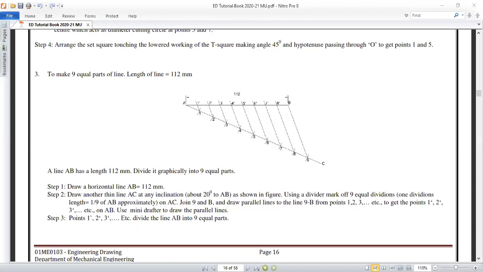This is 90 degree. This is a 90 mm. Use this and keep it over here at point number 0, like this. Mark the distance. It is fixed to 0.